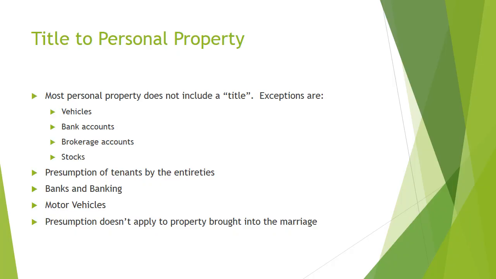The same presumption of joint ownership applies to personal property held by the entireties, whether the property was acquired prior to or during the marriage. Over time, the courts have adopted the common law rule that both real and personal property could be held as tenants by the entireties.